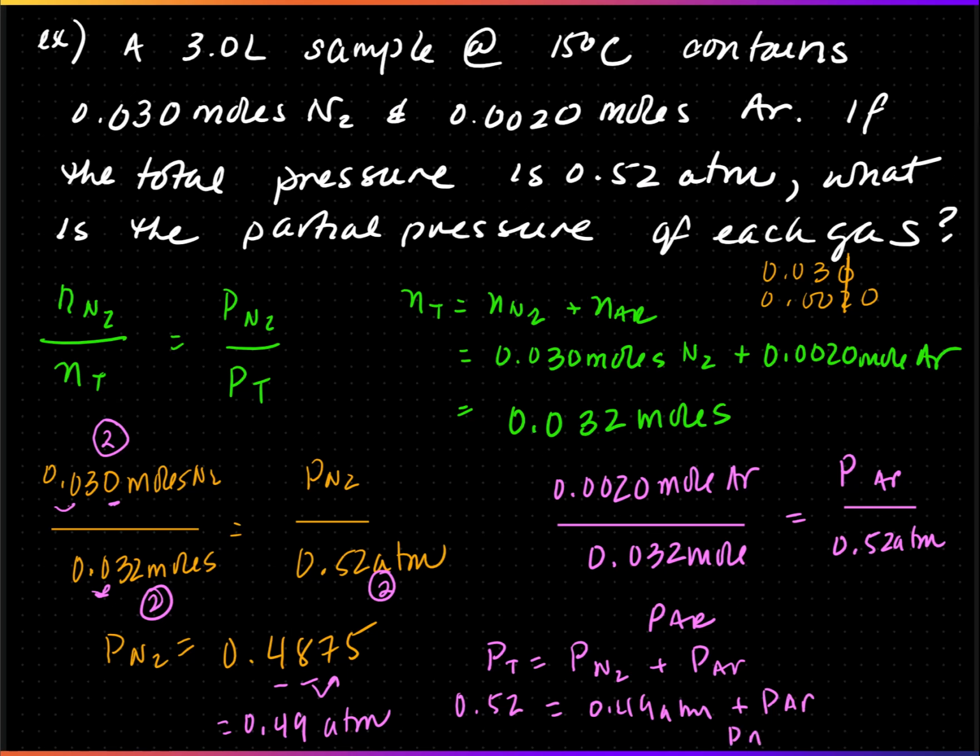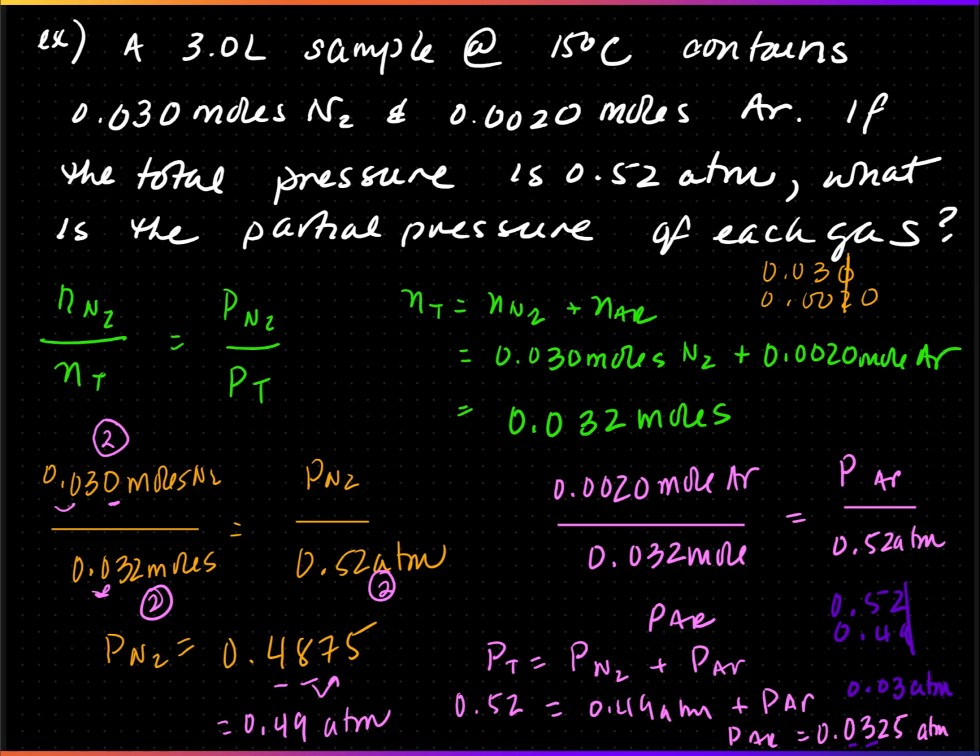So the pressure of argon is going to equal 0.0325 atm. With correct sig figs, we have 0.52 and then we have 0.49, so we're going to have 2 places after the decimal, so 1, 2. So my answer is going to be 0.03 atm.